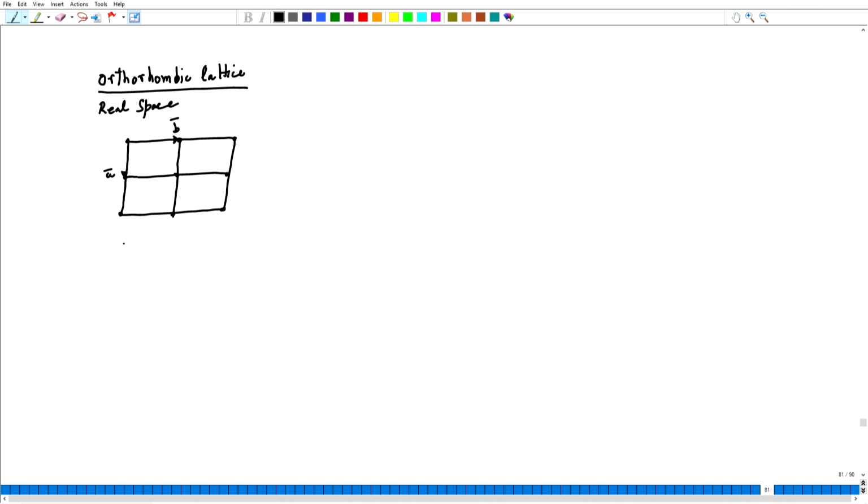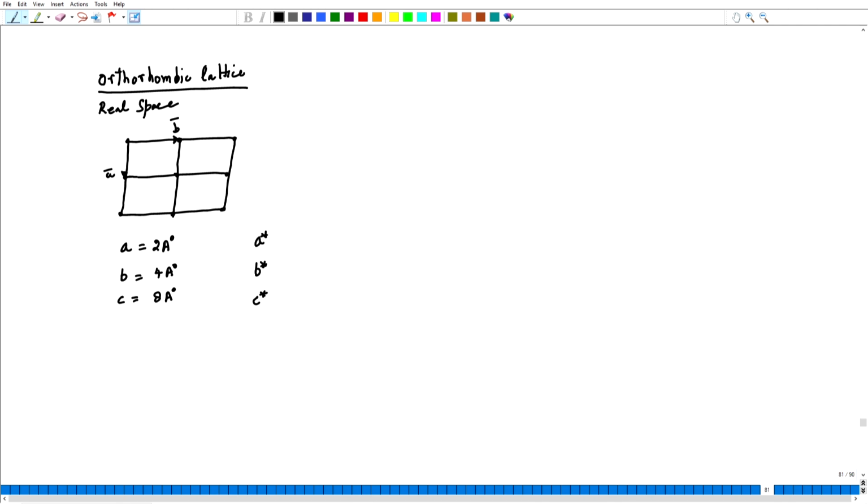Let us say A is equal to 2 angstroms, B is equal to 4 angstroms, and C equals 8 angstroms. These are arbitrary numbers that I have put. Now, correspondingly, I want to sketch out the reciprocal lattice, which would have A star, B star, and C star.